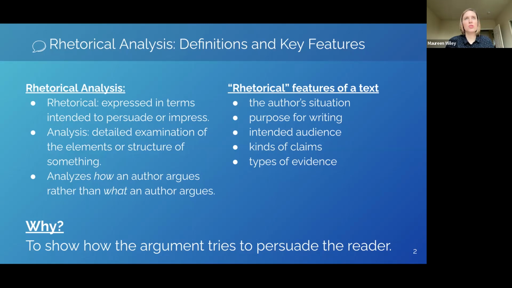And so we want to zoom out a little bit from our own personal experience of, I didn't find this persuasive or I did find this persuasive, and think more in terms of the general strength of their argument, in terms of how persuasive is it to the intended audience, right? Sometimes we're not persuaded by something, but we're also not the intended audience. So we can't really use our own personal experience. Rather, we're going to zoom out a little bit and see how strong is this person's argument, how strong is their skill of persuasion, and then also look at how they achieved that strength in their argumentation.